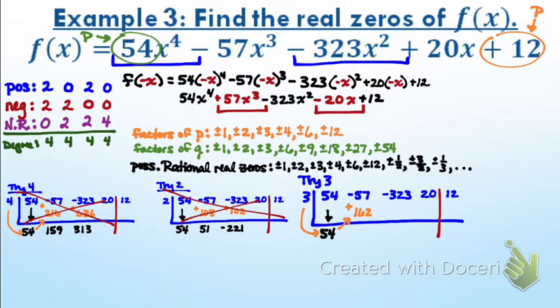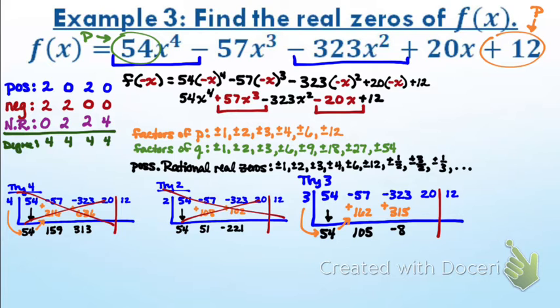Take away 57. 105. 105 times 3. 315. So I have negative 323 plus 315.